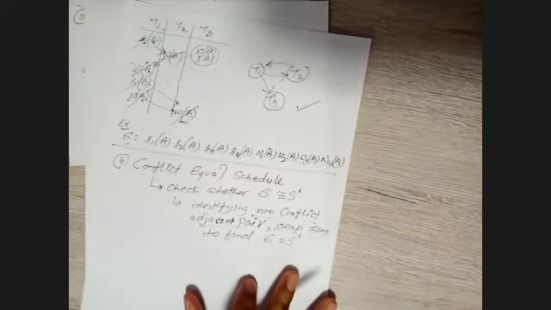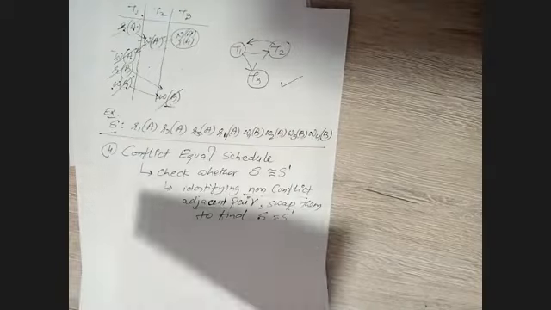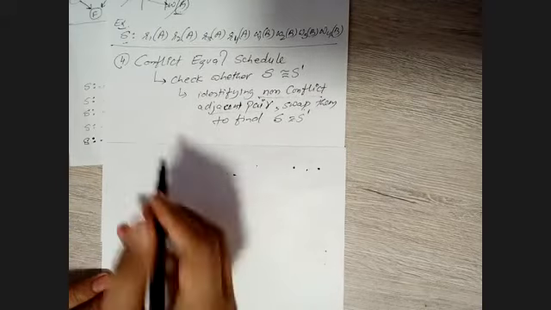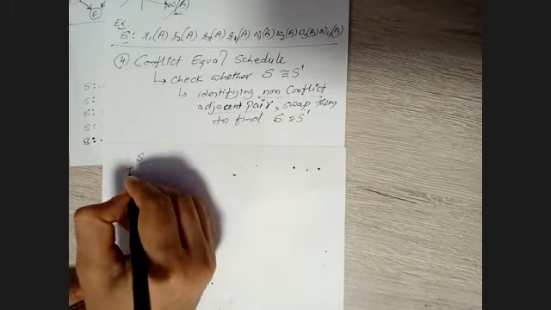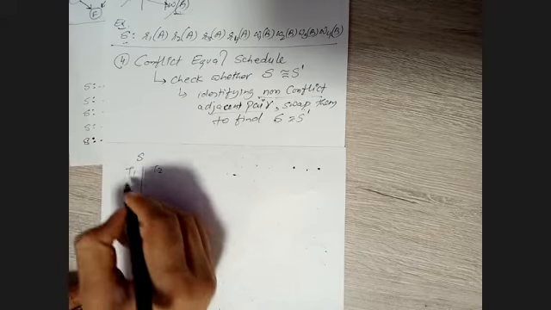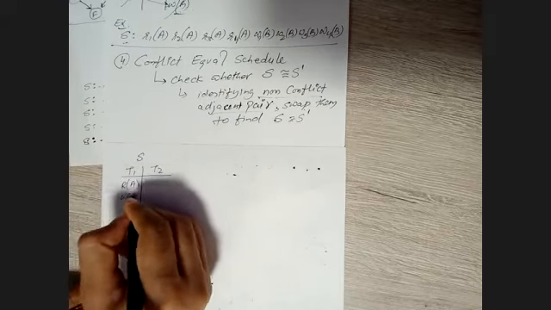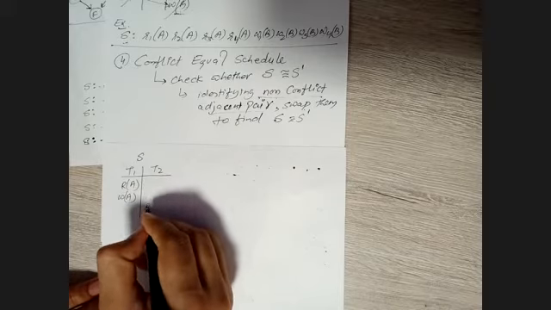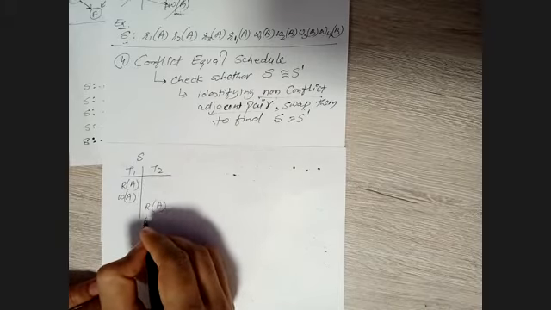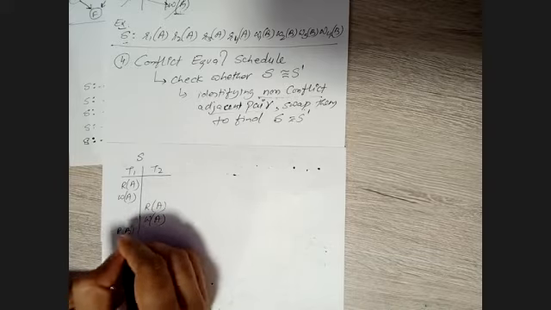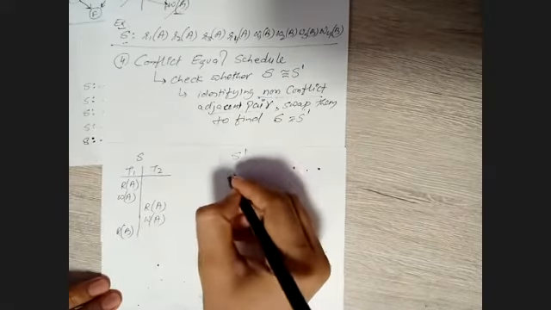Right. So let's understand this. Let me take an example and let's see how we identify the conflict equal schedules. For example, our S schedule with two transactions T1 and T2 is like this. Okay. And our S dash schedule is this.